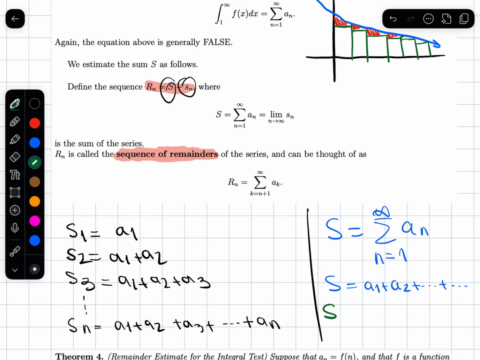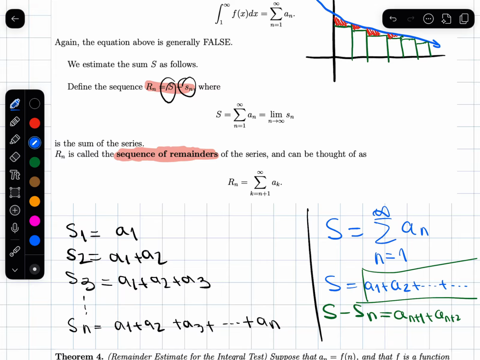So when I do S minus Sn, I have on S all terms, and on Sn all terms up to n. So S minus Sn will be all terms after an, right? So it would be a(n+1) plus a(n+2), and so on.